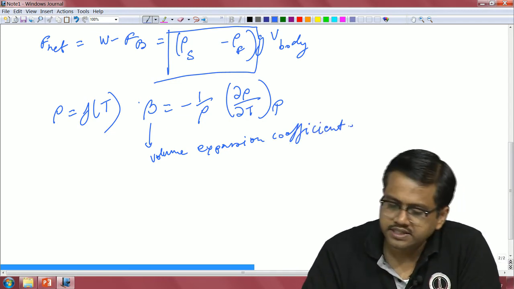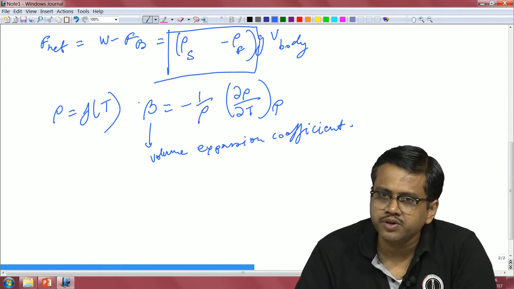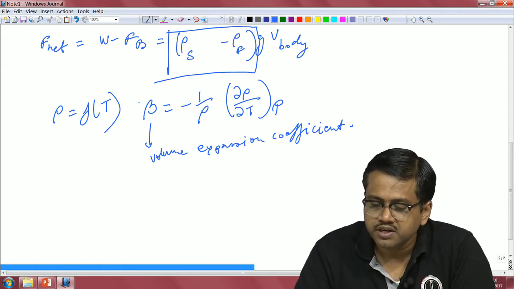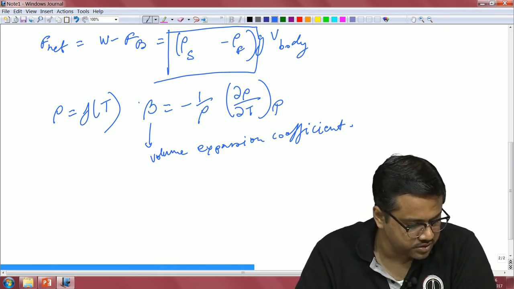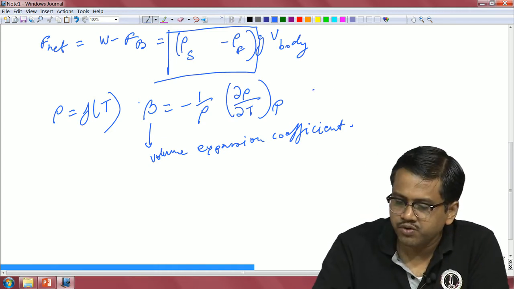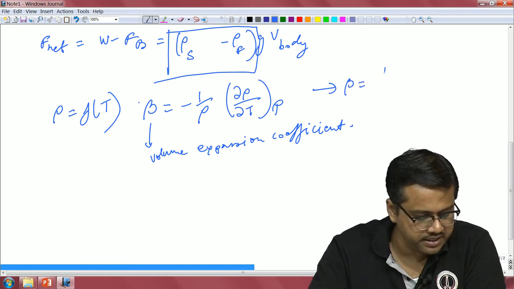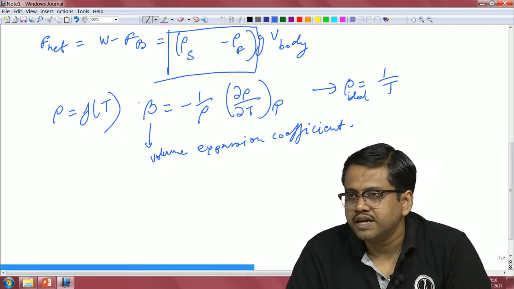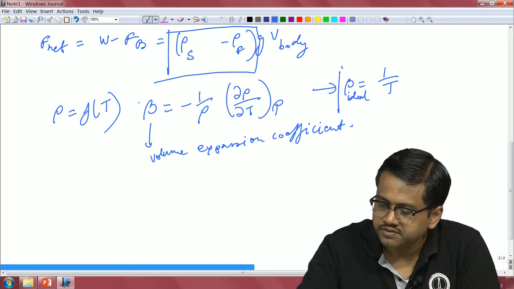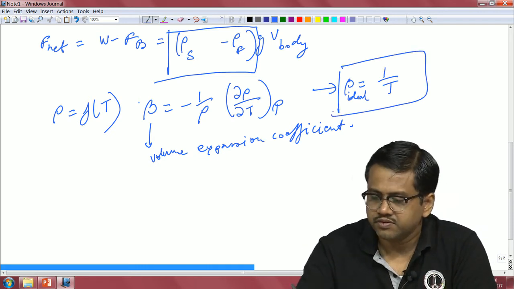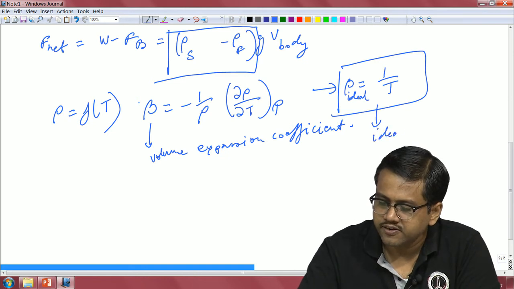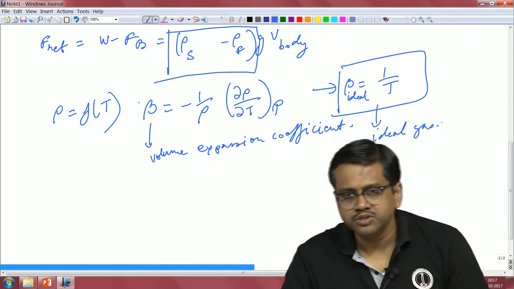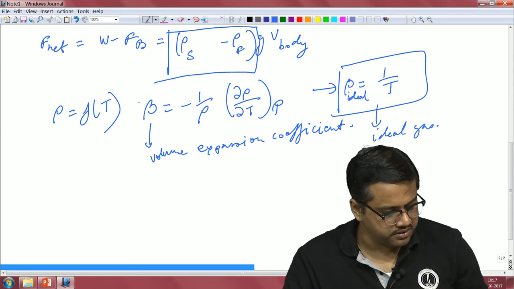So, what is it? It is the rate of change of density with temperature at constant pressure. Okay. So, that is what it is, right. It can be shown for an ideal gas that this beta is basically equal to 1 over T. That is only valid for an ideal gas. We will see how we use this beta in a bit.